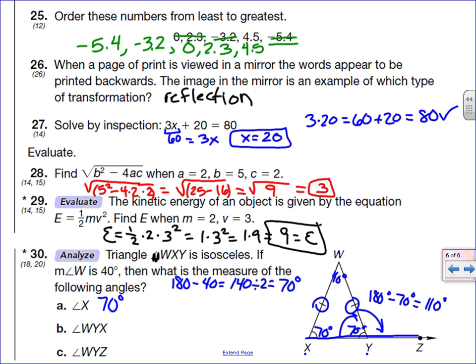WYX, so that's this angle, is 70 degrees. And then WYZ is this angle, which we calculated as 110 degrees.